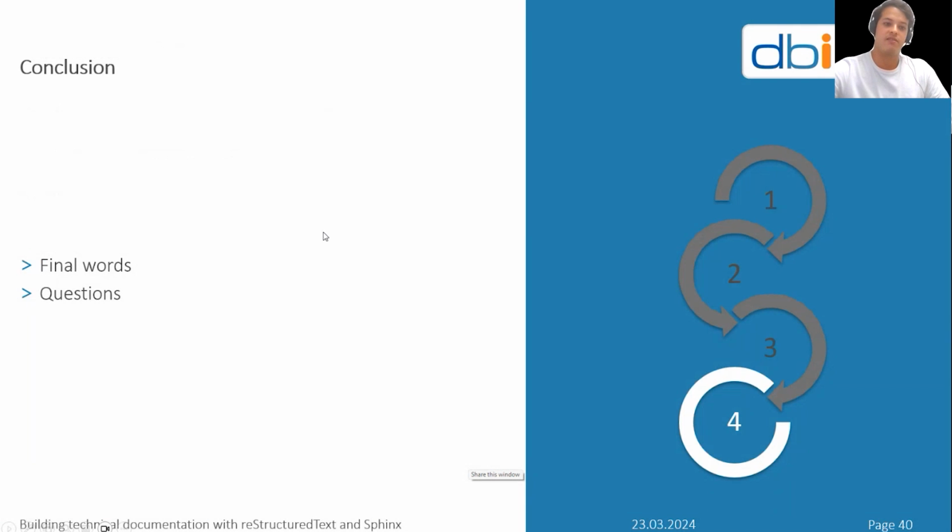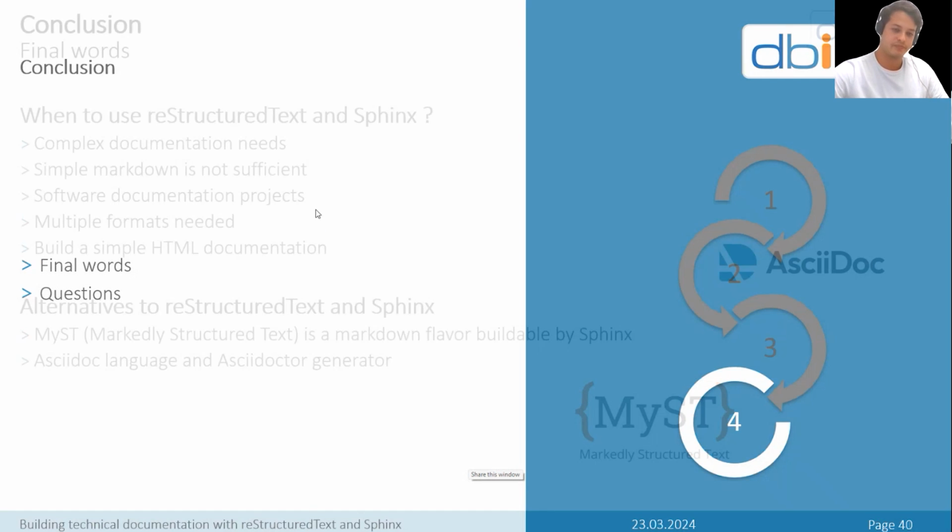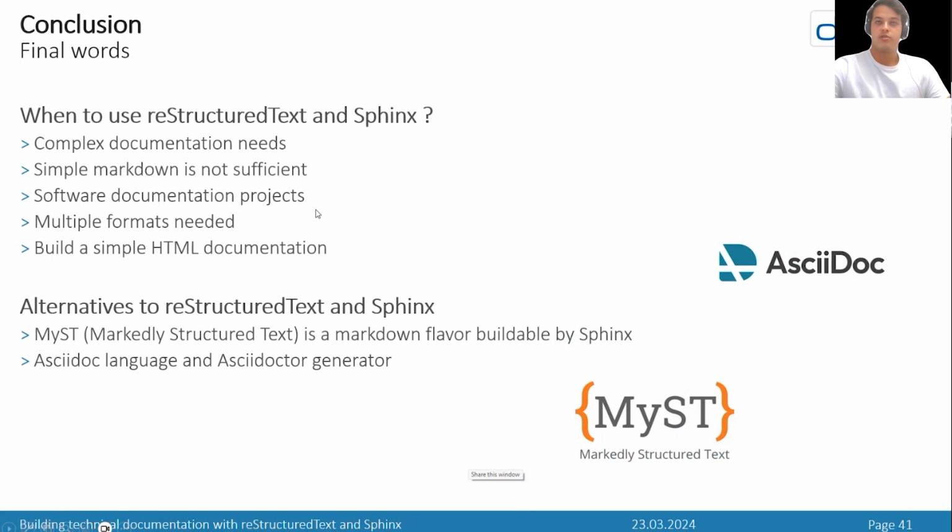Okay, so this is the end of this presentation. So what you have to understand is when you can use reStructuredText and Sphinx. Whenever you have complex documentation needs, those tools are very handy. When simple Markdown is not sufficient, you feel like you need to do something, but you can't do it in Markdown.